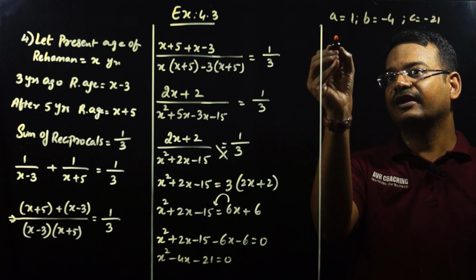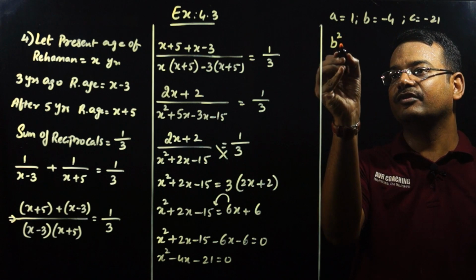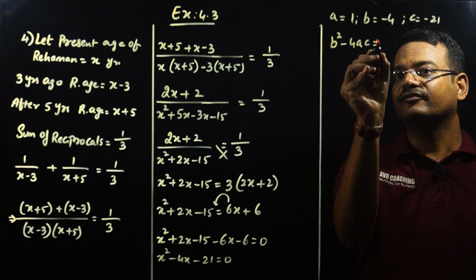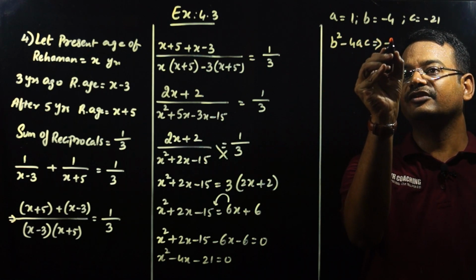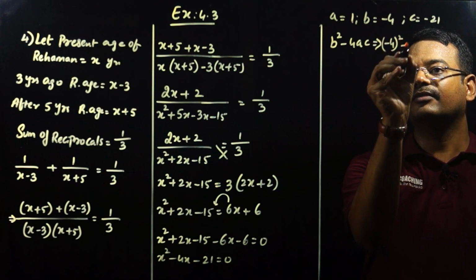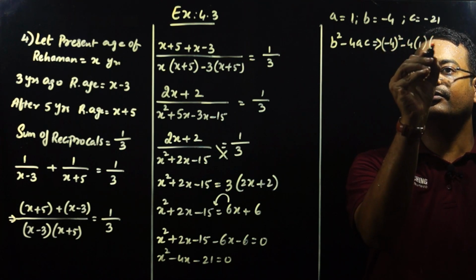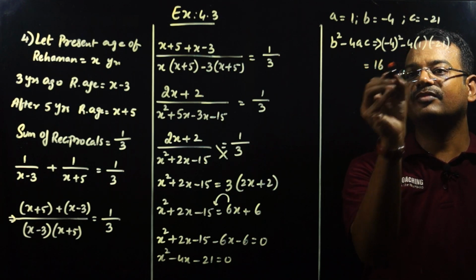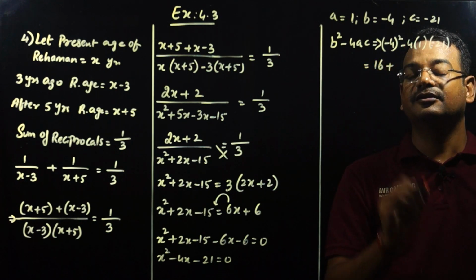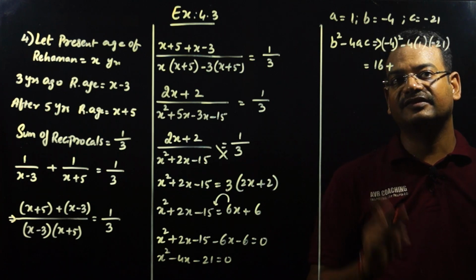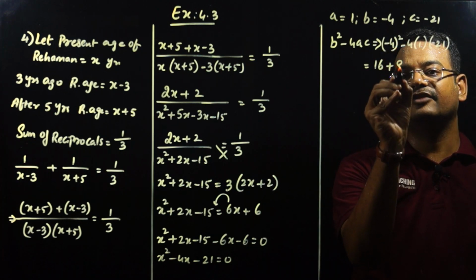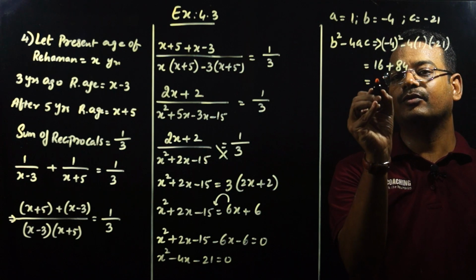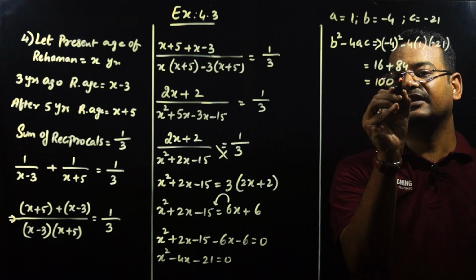As a rule, we will find b square minus 4ac, which is minus 4 whole square minus 4 into 1 into minus 21. This will be equal to 16 plus, minus into minus is plus, 21 into 4 is 84. So this will be equal to 100, which is greater than 0.